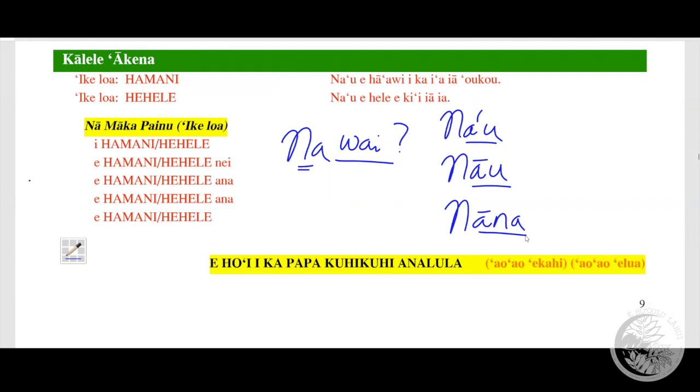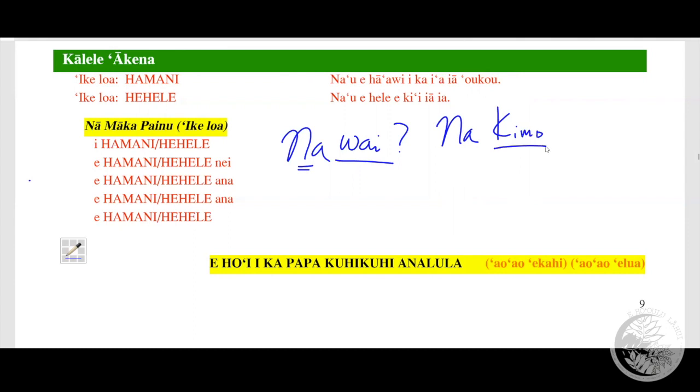So these are one format in which you have what's called the possessive pronoun form. When you have a single, me, we have the you, and of course, he or she who performs the action. Now, other ways to respond to this are basically to fill that blank space. So anytime I ask the question, nāwai, I can say, nā Kimo.